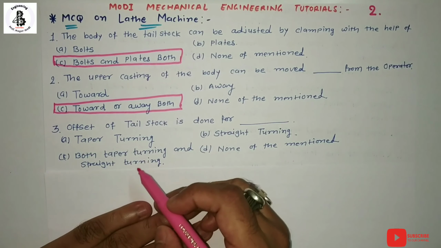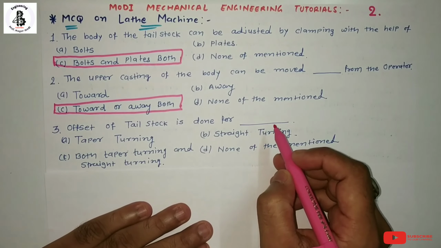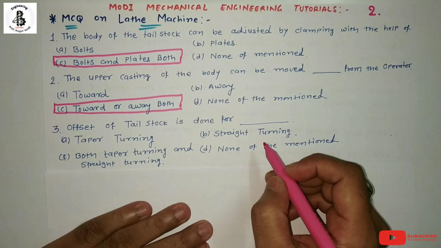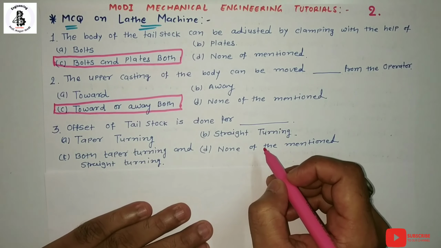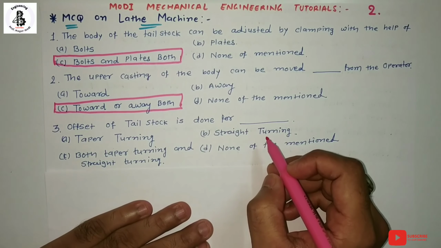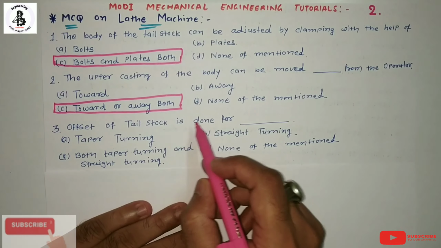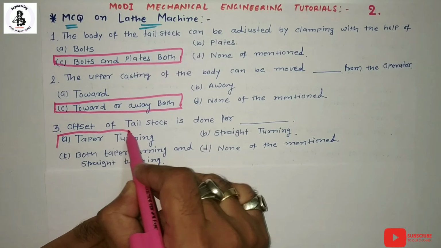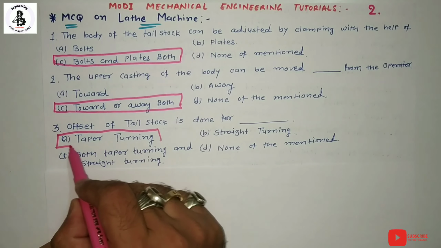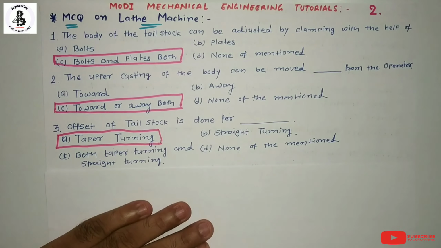So basically the offset of the tailstock is used for performing taper turning operations, not for straight turning operations. So according to this question, offset of tailstock is done for taper turning operations. So here option A, which indicates taper turning. Then next question.